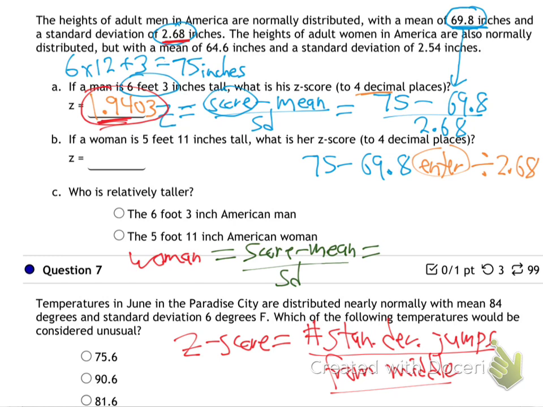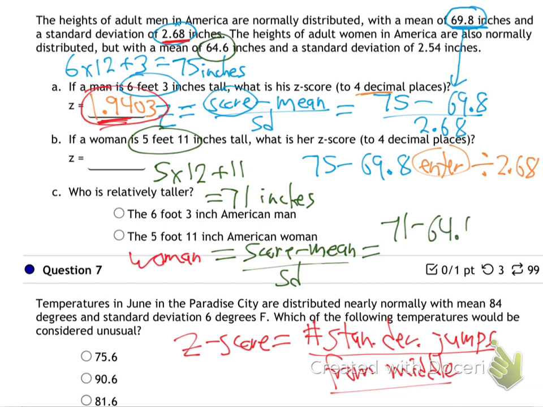What was the woman's height score? 5'11". Got to make that pure inches, don't we? So 5 times 12, add 11. 71. She's 71 inches tall. 71 minus the mean. What's the average woman? 64.6. Divided by the standard deviation for women? 2.54.